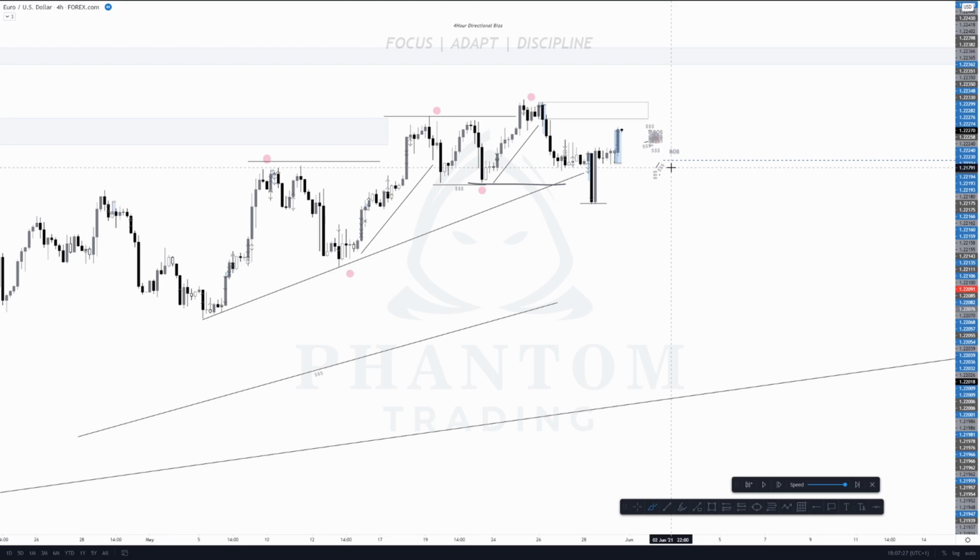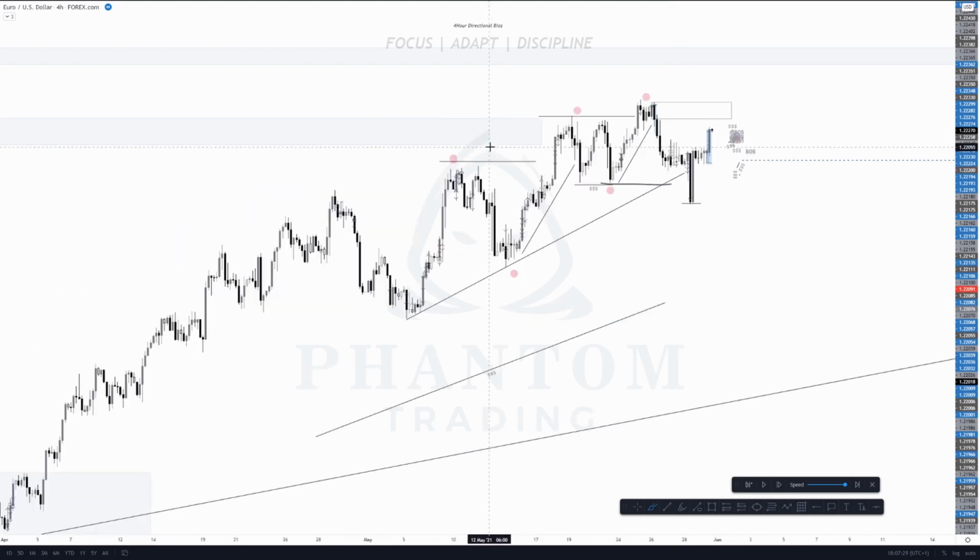So just to recap, 4-hour is still bullish, making higher highs and higher lows. So of course, from an expectation order flow standpoint, we are going to be looking for continuations to the upside as we still remain in that bullish ascending trend. One thing to note, there is a sign of weakness, so we just need to bear that in mind when taking any positions going forward, unless we get a nice element of confirmation.